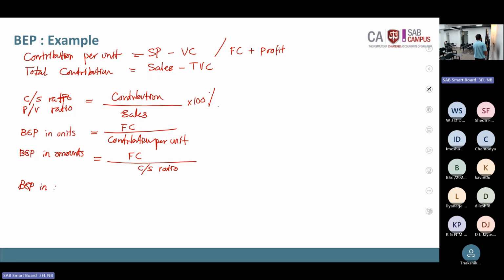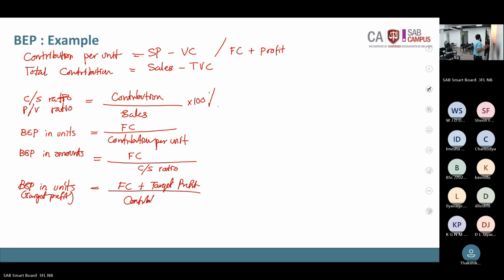Break-even point in units with the target profit: fixed cost plus target profit divided by contribution per unit.